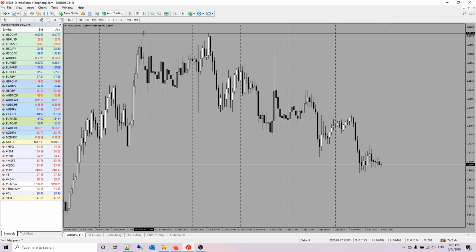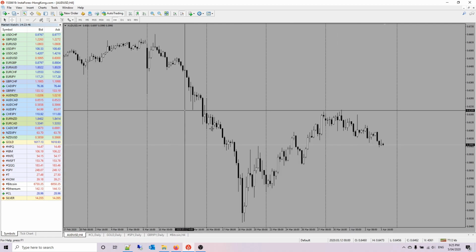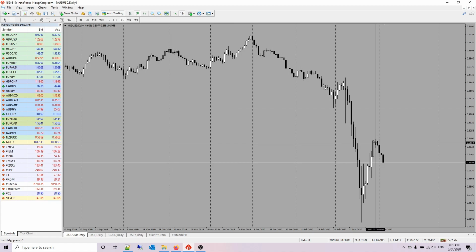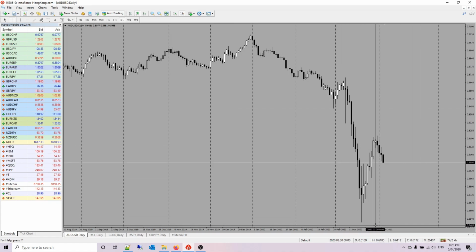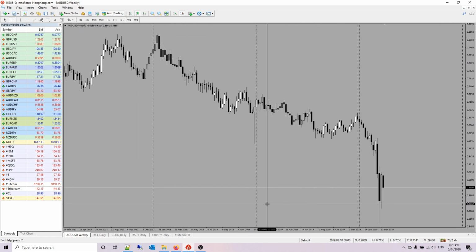This is what we call the period separator. One box here is 1 day; you can look at the time series here. Then for H4, one box is 1 week, for D1 one box is 1 month, and for W1 one box is 1 whole year.